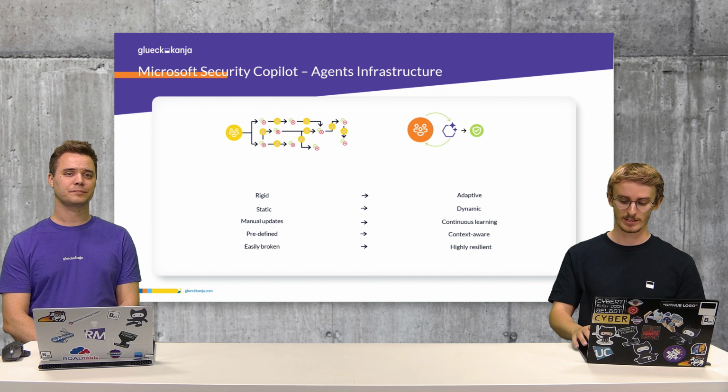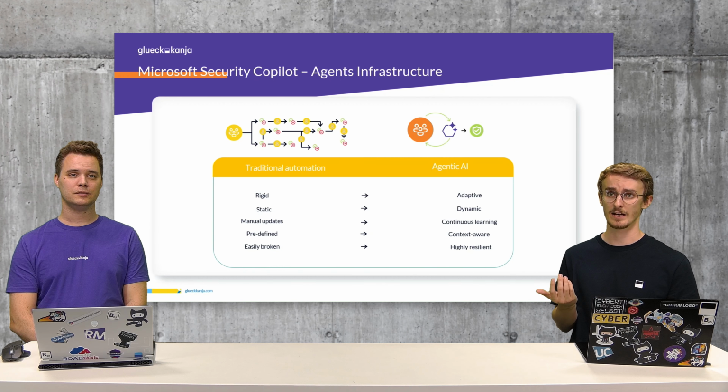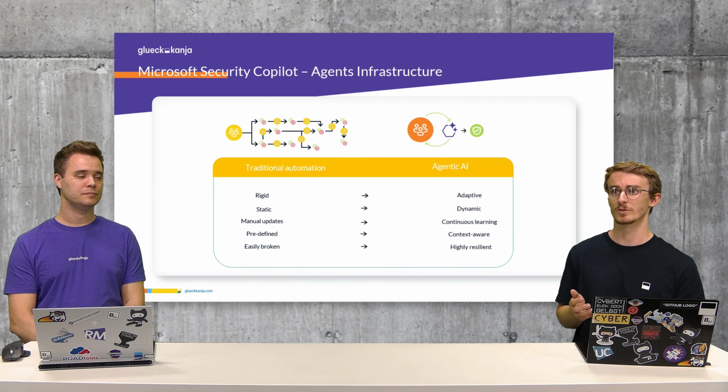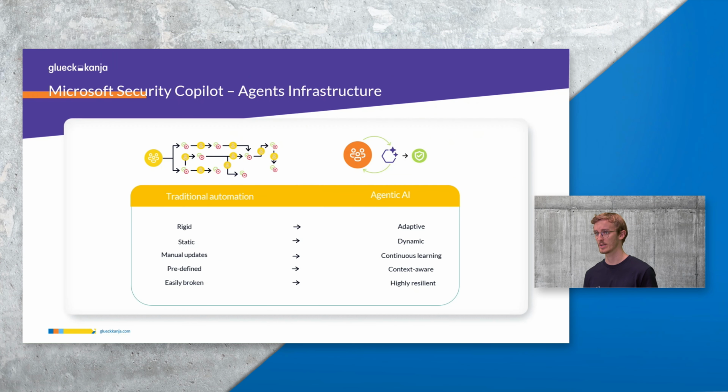We see the traditional automation and the agentic AI. The traditional automation was very much code-based. You had your scripts, you had your PowerShells maybe, you had your automation accounts, and you had a predefined logic which these would run through and would achieve some kind of end goal, or maybe also not.